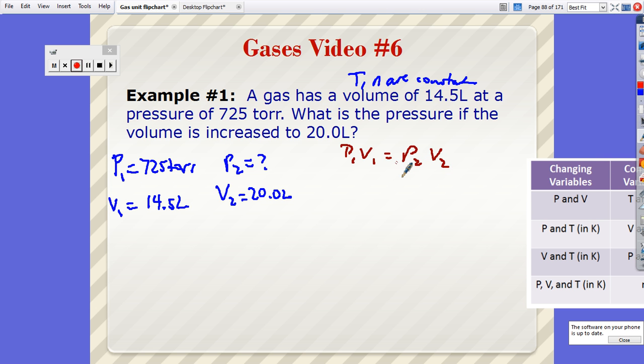Okay, we're solving for P2, so I'm going to divide both sides by V2 so that I can get P2 by itself. Now I'm ready to plug this in.